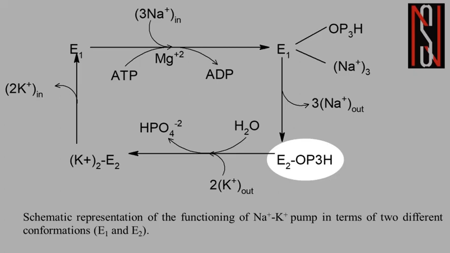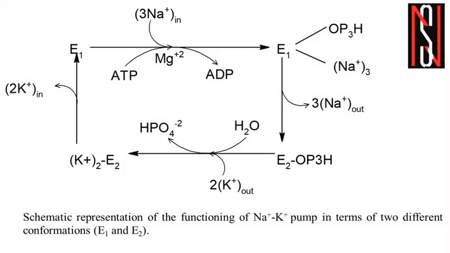It should be OPO3H. So this was a mistake I made, and whenever you write the mechanism in your copy, just remember that you should replace OP3H with OPO3H because the functional group would be HPO4 minus.